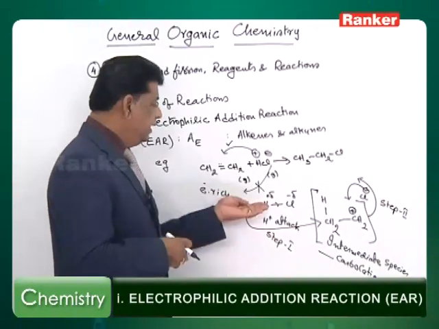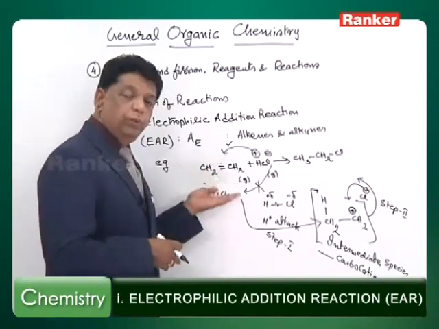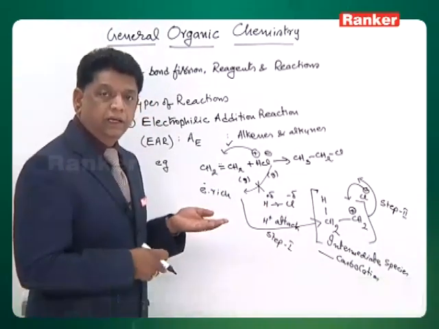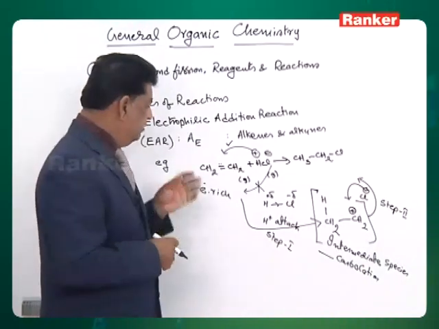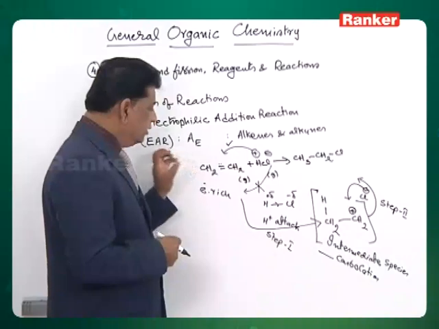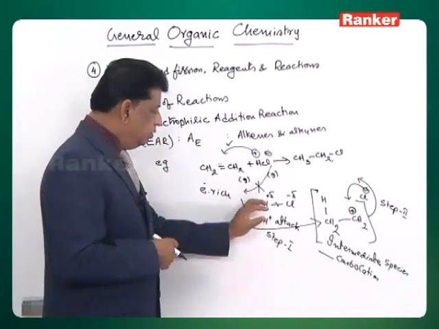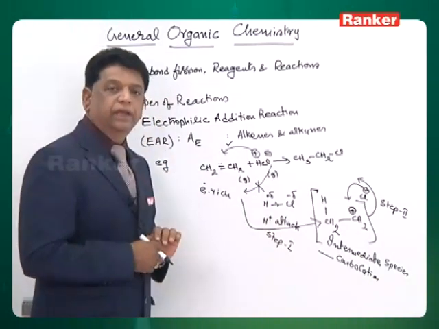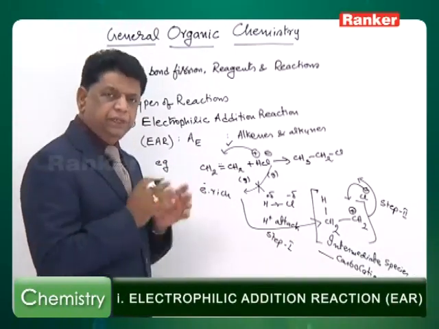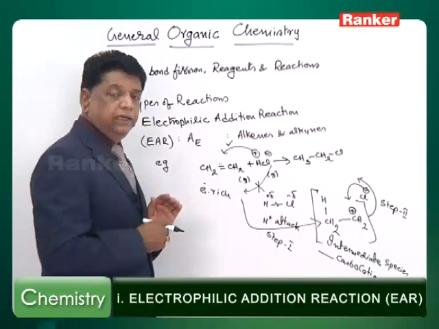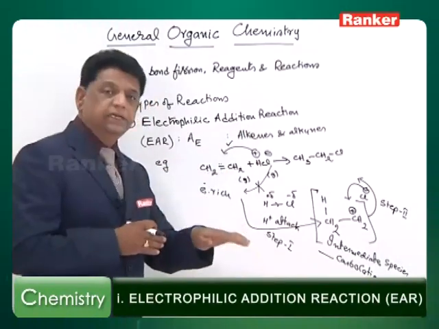Where the H plus has a loose bond with the pi bond, it is called a pi complex. If there is a good electron donating group and a good electron withdrawing group in the electrophile, you get a somewhat stable intermediate species, before attacking, with the lowest potential energy state.